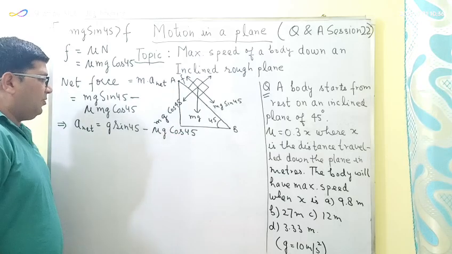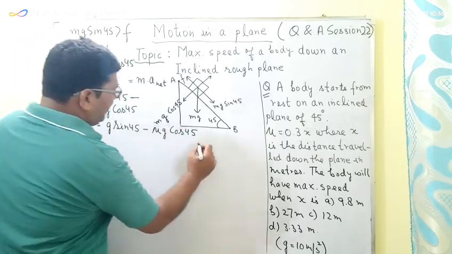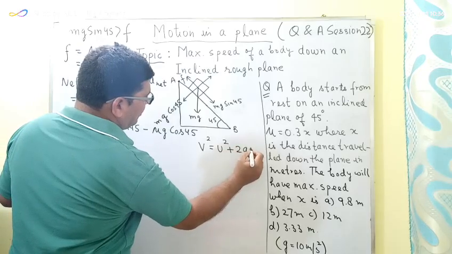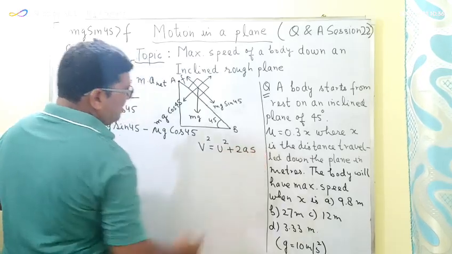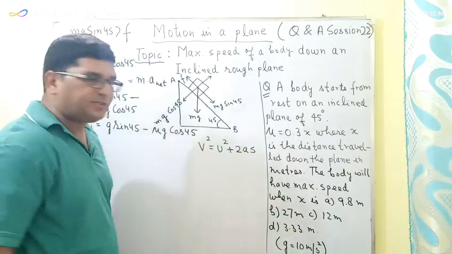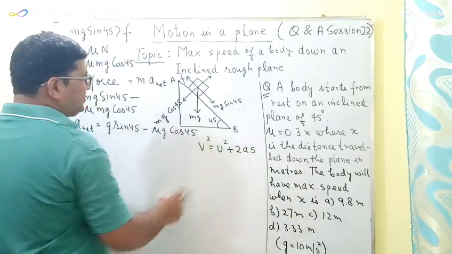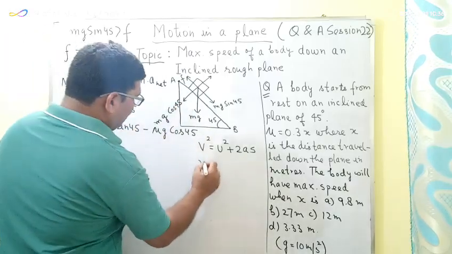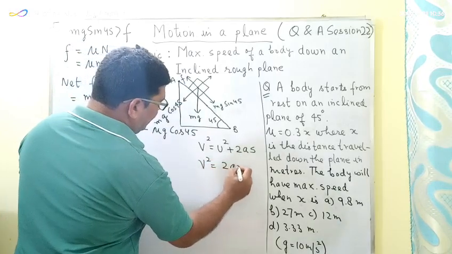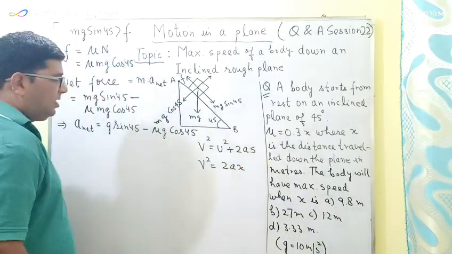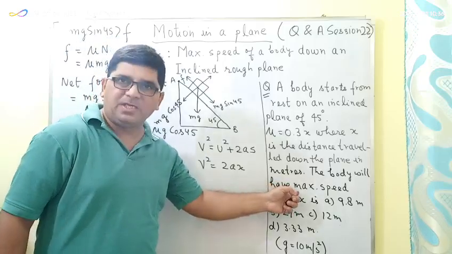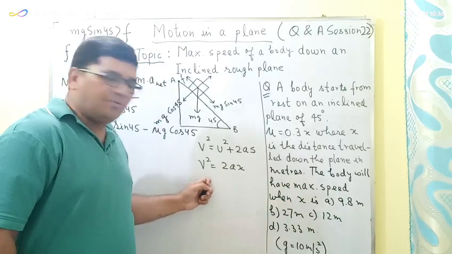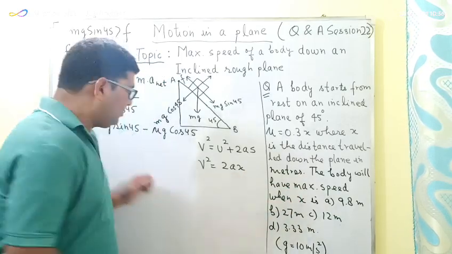Now we also know that v squared is equal to u squared plus 2as. This is the equation of motion for constant acceleration. If I apply this equation in this question, then v squared will be equal to 2ax. The body will have the maximum speed when the rate of change of velocity with respect to x is equal to 0.